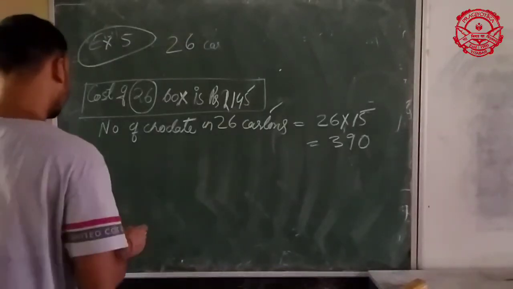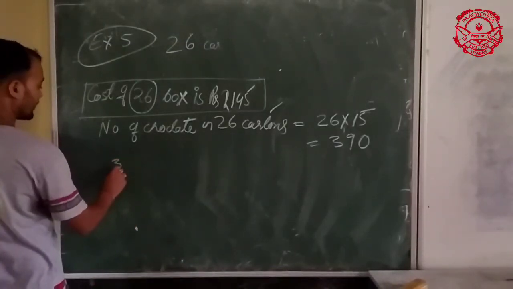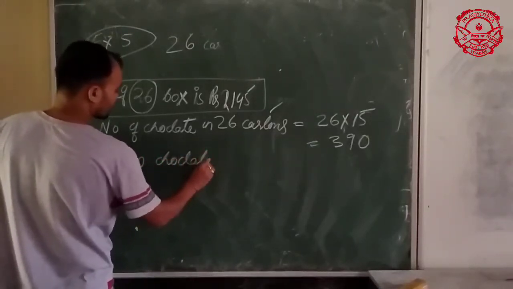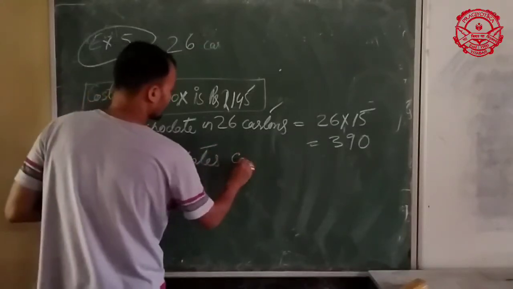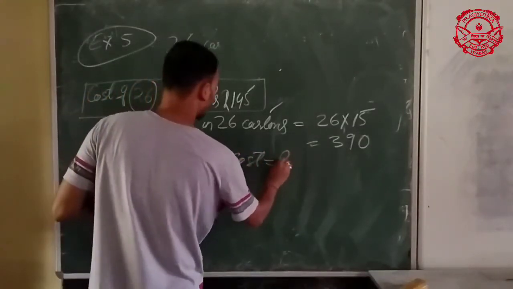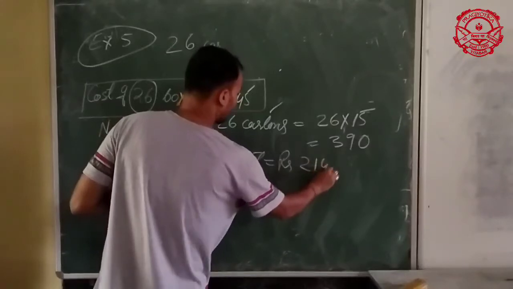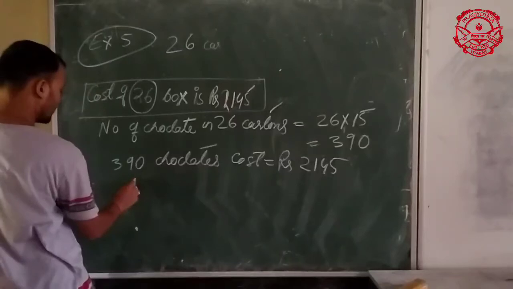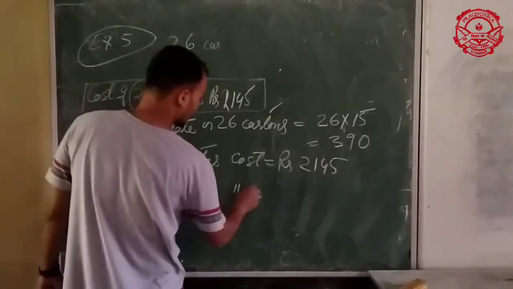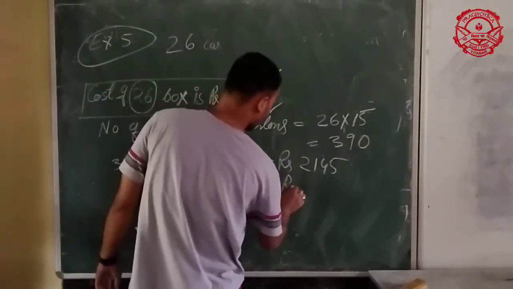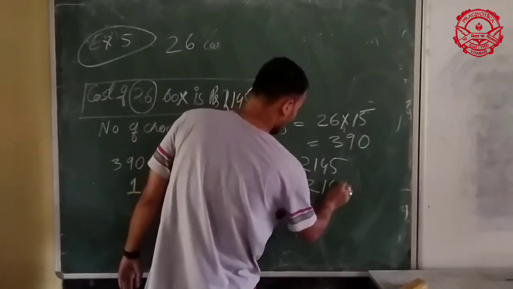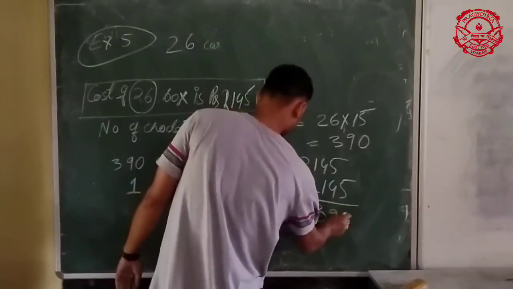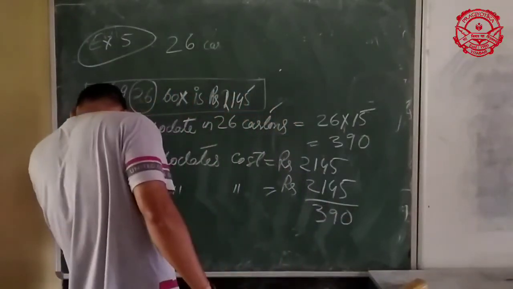Now these 390 chocolates cost rupees 2145. We find the cost of one. Therefore, one chocolate costs rupees 2145 divided by 390.